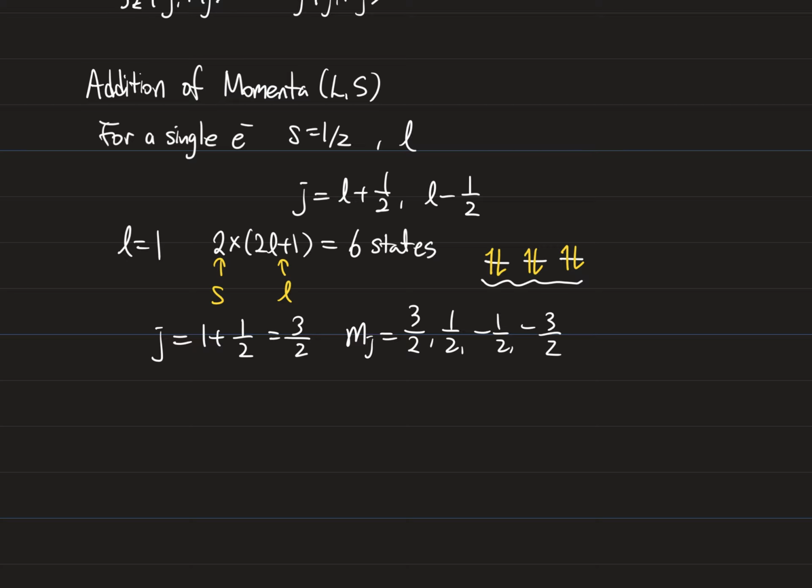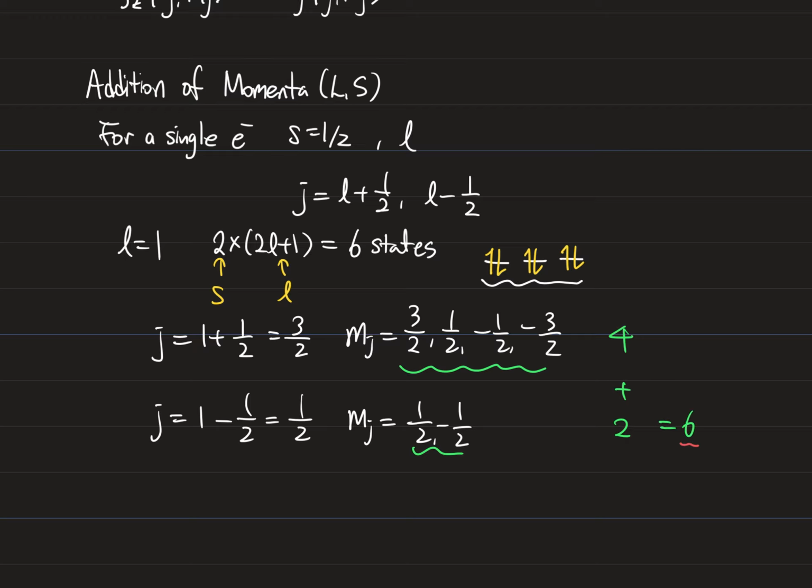The other possibility is J equal 1/2, and this state has two possible orientations: m_j is plus half and minus half. If you add up 4 states and 2 states, the total number of states remains the same: 6 states here, and 6 states there.